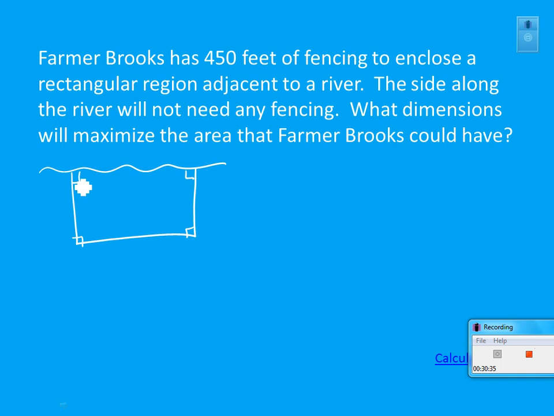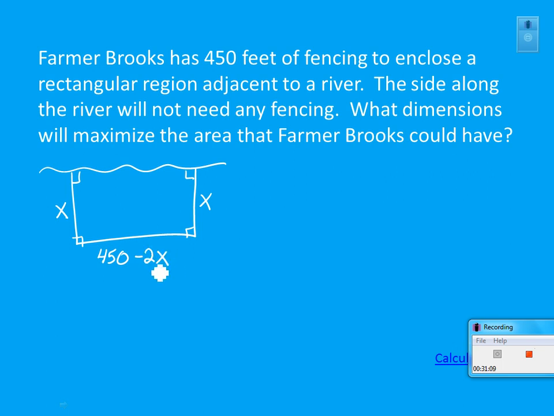Well, I want to maximize my area, so I just got to start figuring out what I need. I know that if it's rectangular, these two sides are the same. I know I started with 450 feet of fencing. If I use X here and X here, the amount of fencing for here will be 450 minus 2X.